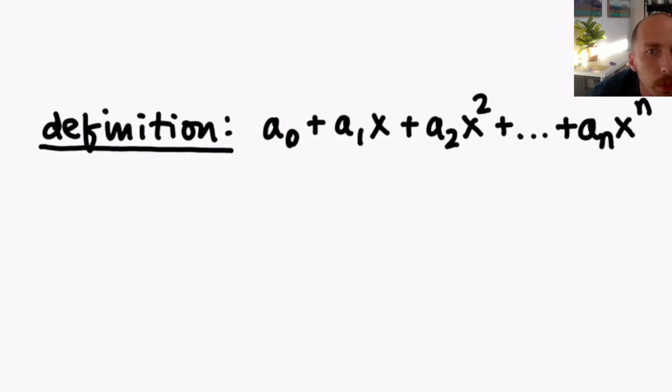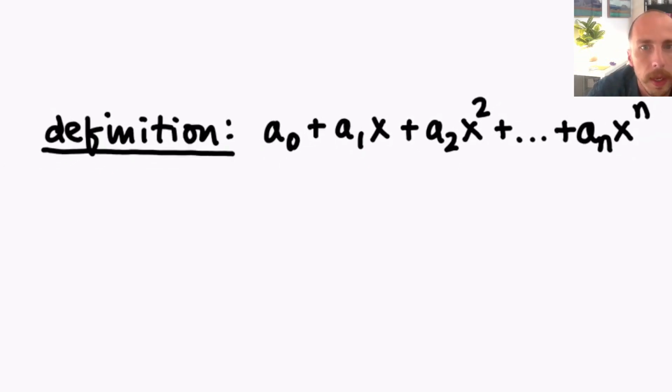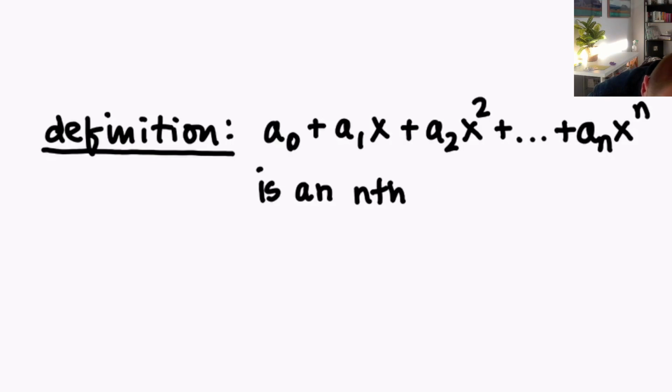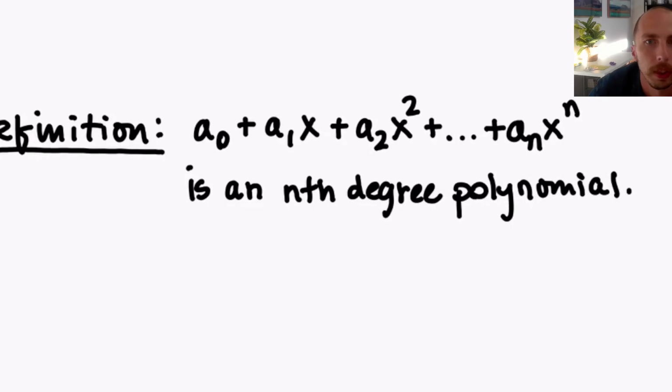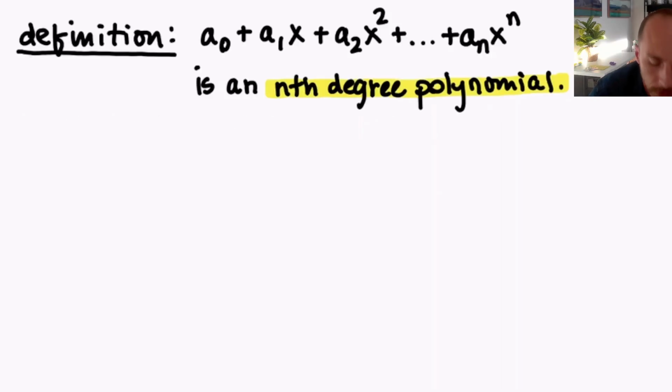So this is what we would call an nth degree polynomial. What makes it nth degree is that the highest exponent I see is n.